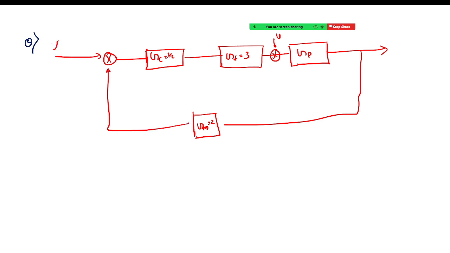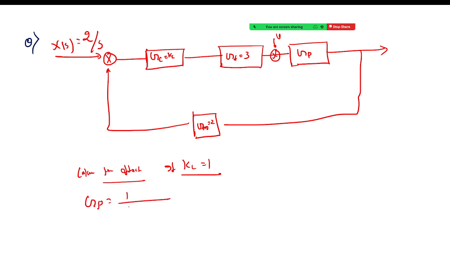Let's say this one is your Xs, and I am giving a magnitude of 2 upon s, so the input Xs is 2 by s. So calculate the offset if Kc is equal to 1. The value of GP is 1 upon 3s plus 1, GF is equal to 3 and GM is equal to 2. So now calculate the value of offset from this particular method. Fast. I'm giving you only 2 minutes to solve this problem.